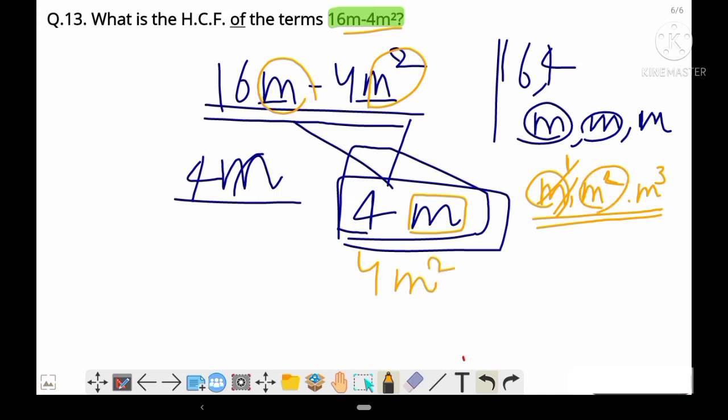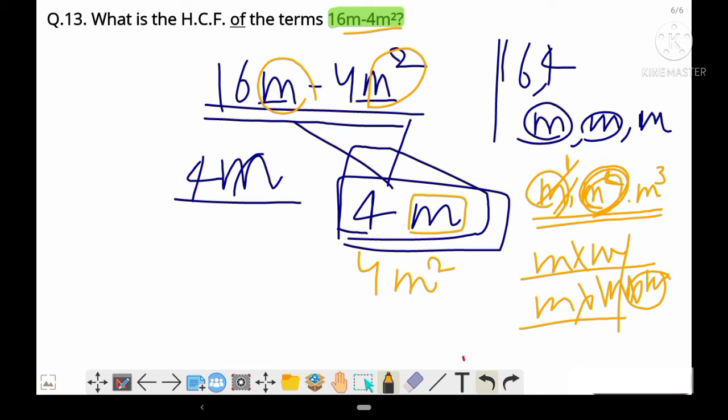Because m square means m into m, m cube means m into m into m. So here you always get 2 m's and here 1 will be left. This is the smallest, this is the common, because this can divide this also, but this cannot divide this. So this will be your common variable.